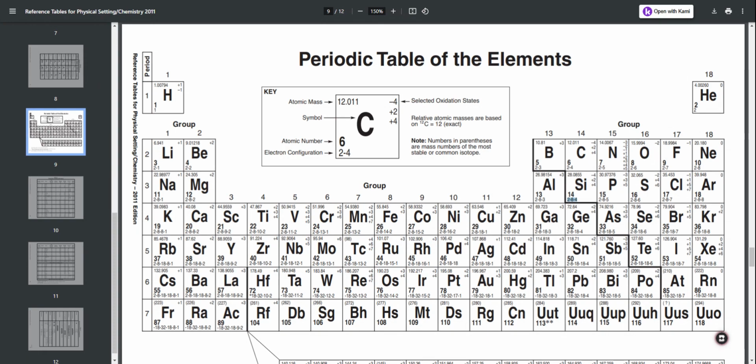What about if they said, give me an excited state electron configuration for magnesium? Give me one excited state electron configuration for magnesium. There are lots of them. 2-7-3 looks good to me. 2-8-1-1 looks good to me.